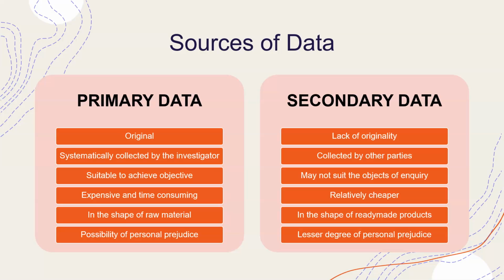Collecting primary data is quite expensive, both in time and money terms, while secondary data requires less time and money, so it is economical. Primary data are in the form of raw materials, while secondary data are in the finished form. However, the possibility of personal prejudice exists in primary data, but to a lesser degree in secondary data.